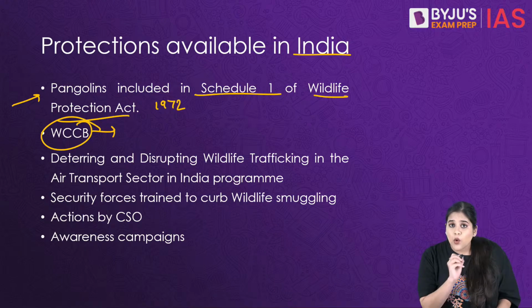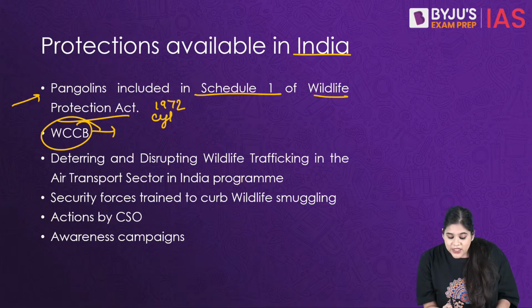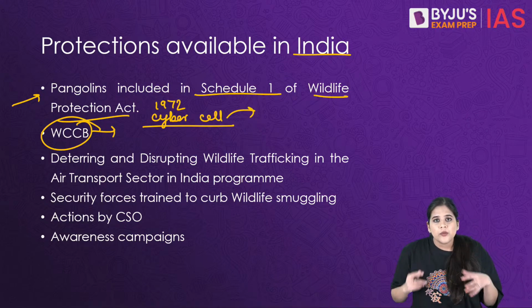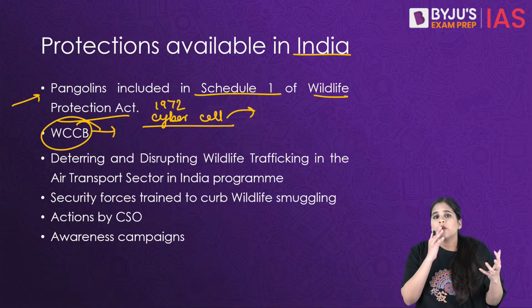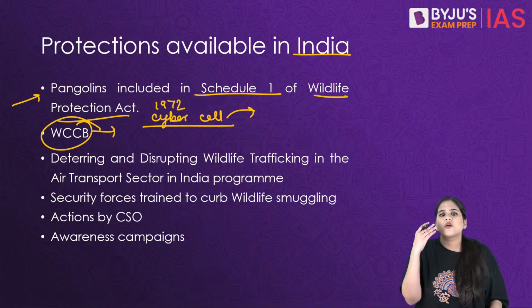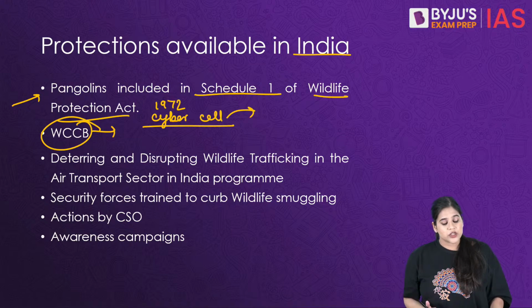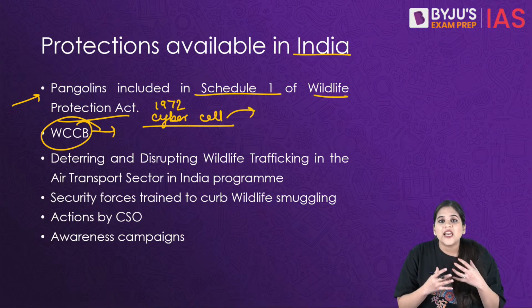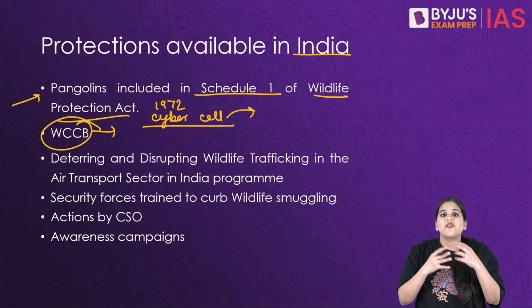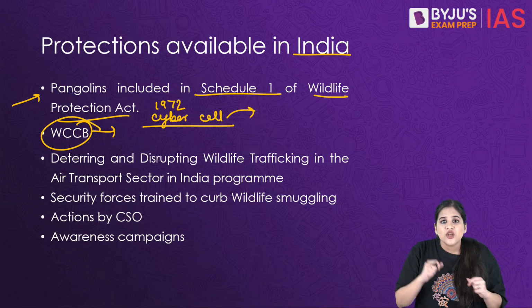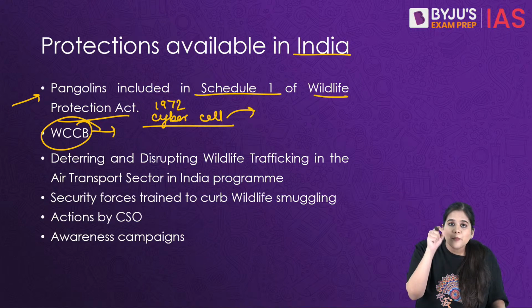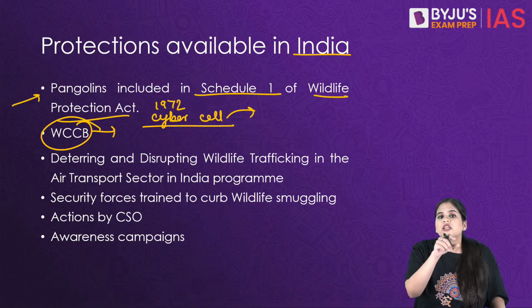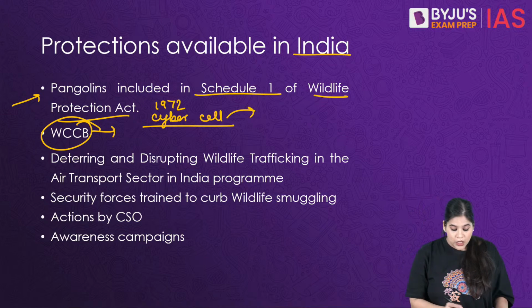It also has a dedicated cyber cell to curb any use of the web, social media or dark web for such activities. Moreover, it has started the process of profiling the various criminals and the products that are seized, so that it can be pinpointed from where these products were taken.